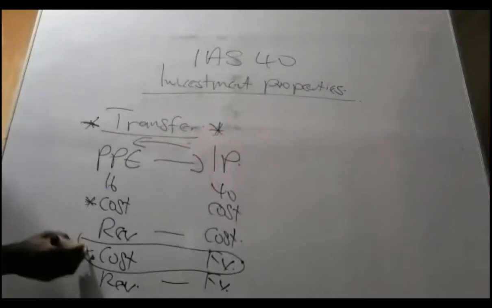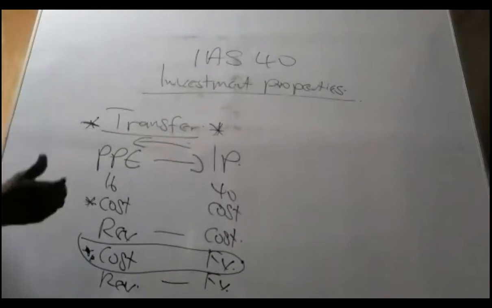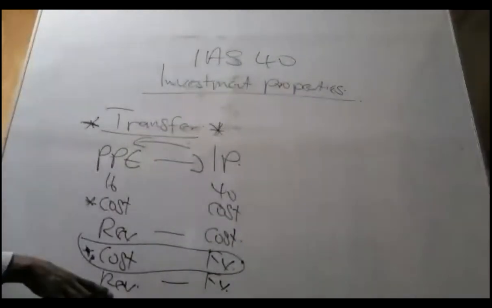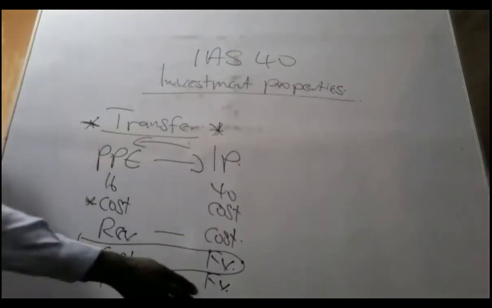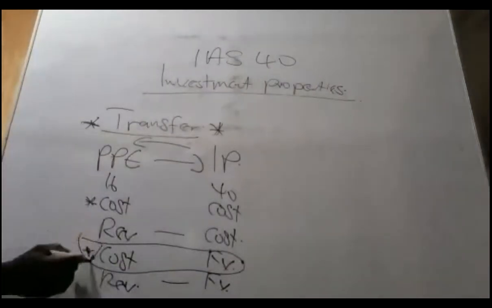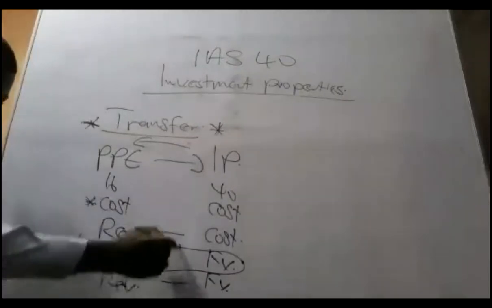So I'll pick a question on this. You can also carry the asset under PP using the revaluation model and then transfer it to the fair value model. So that is the transfer. You can also transfer from here to here. Now I'm going to single out this one and talk about it, because that is the troublesome one among them.